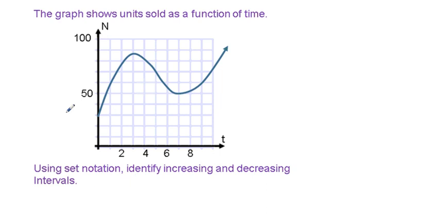So as we evaluate increasing, decreasing, we go from left to right, and we should be able to see that the function is increasing or going up until x equals 3. Okay, that's x equals 3. We're going up till x equals 3. And now we are decreasing all the way until x equals 7.